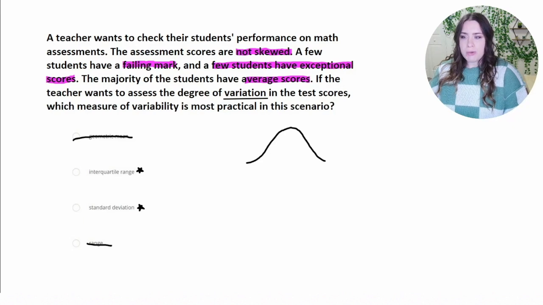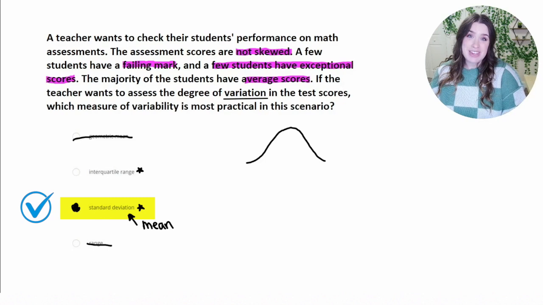Now, we almost always want to use the standard deviation unless the distribution is skewed or there are outliers, because the standard deviation is linked to the mean, which is really heavily impacted when there's skewed data. So as long as our data is not skewed and it's symmetrical, we always want to go with standard deviation. If our data is skewed, that's where we would pick the interquartile range. But since they said it was definitely not skewed, we want the standard deviation.